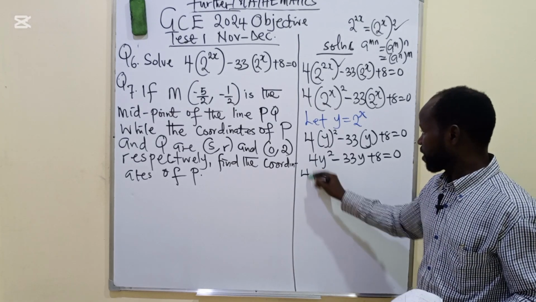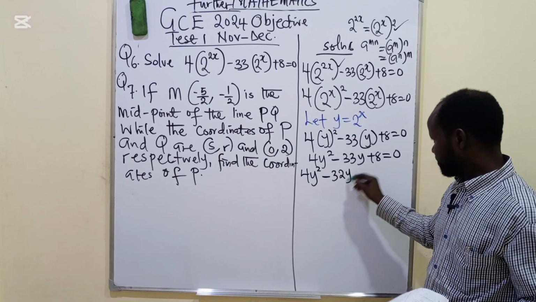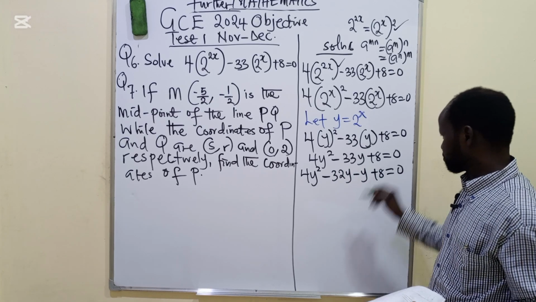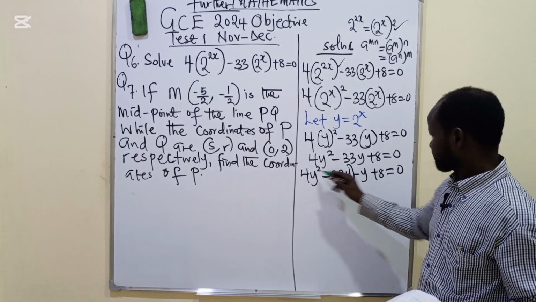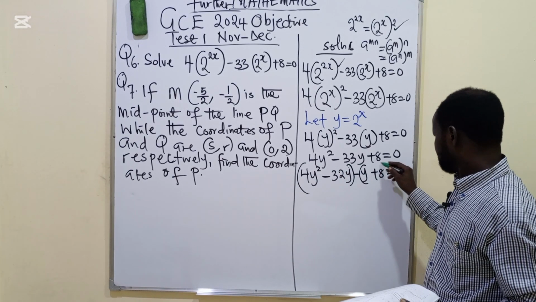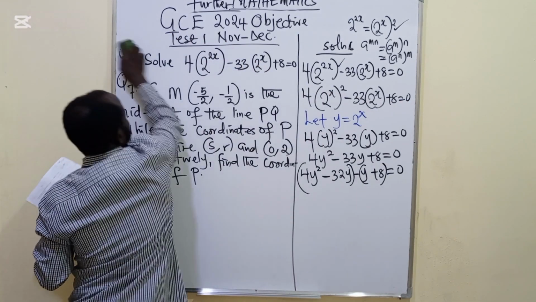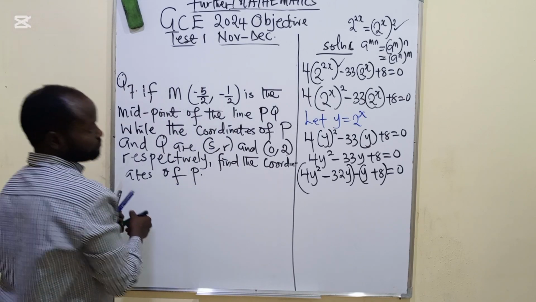So this will be 4y squared minus 32y minus y plus 8 equals 0. We are trying to factorize now, so we can group this. Let's group this and factor out. Let me remove the question so that we can have space here.